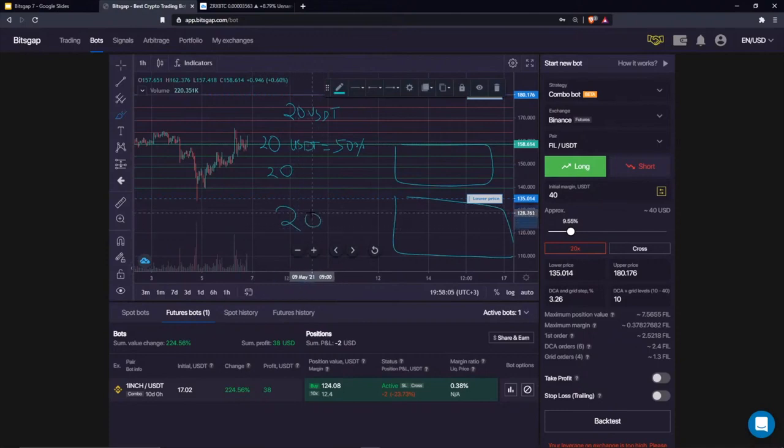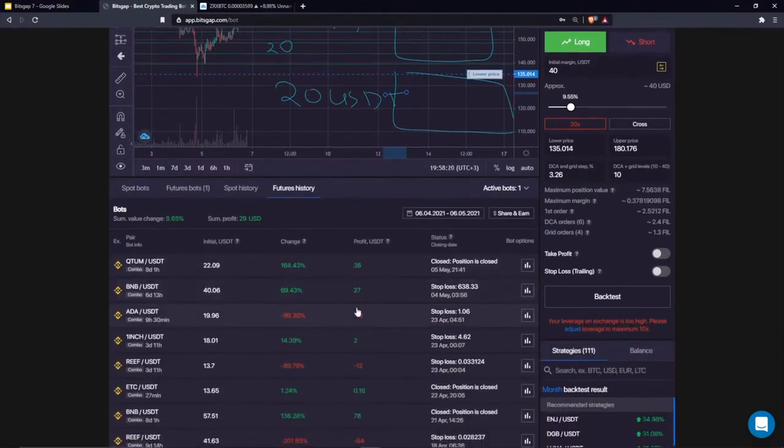So another 20 USDT can be spent here. So you see we have 20, 20, 20, 20, and that's exactly $80.